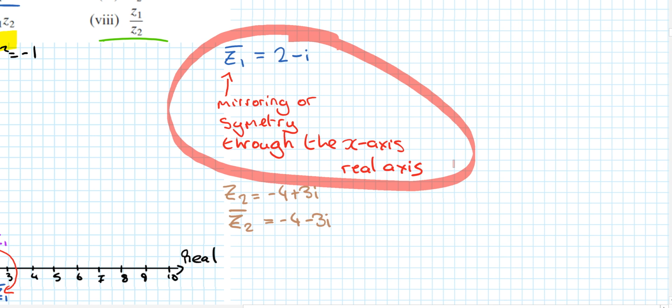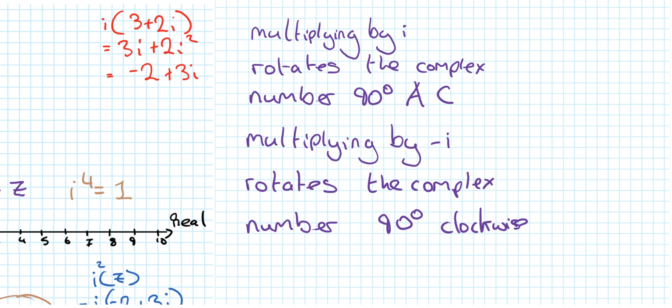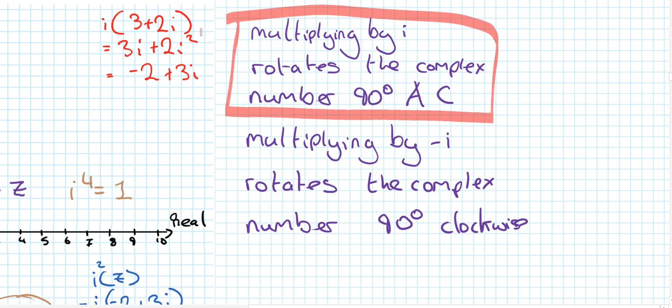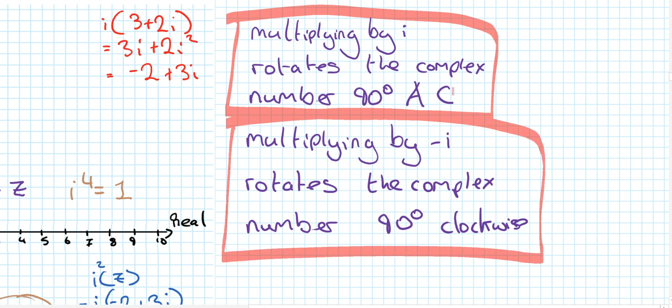Just the i-coordinate has changed, or the y-coordinate, maybe you'd like to think of it as. We know that multiplying by i rotates a complex number 90 degrees anti-clockwise, and multiplying by minus i rotates a complex number 90 degrees clockwise.